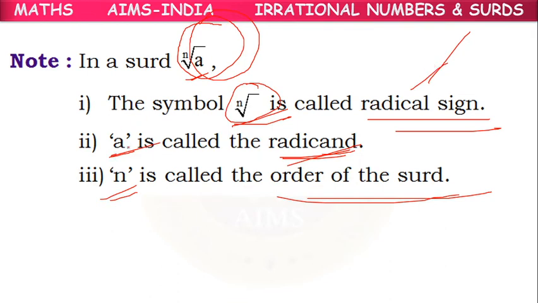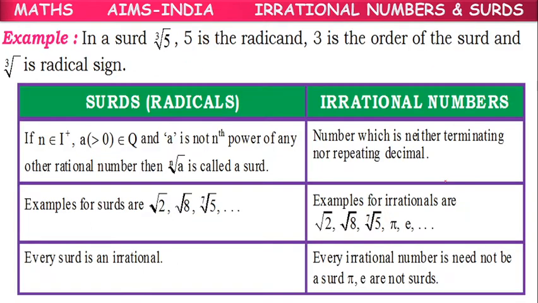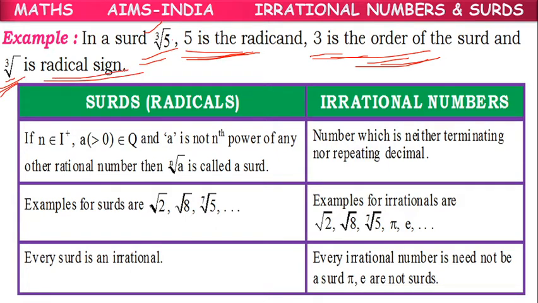Next, in the cube root of 5, what is 5 here? 5 is the radicand. What is 3 here? 3 is the order of the surd. What is the cube root? The cube root is the radical sign.